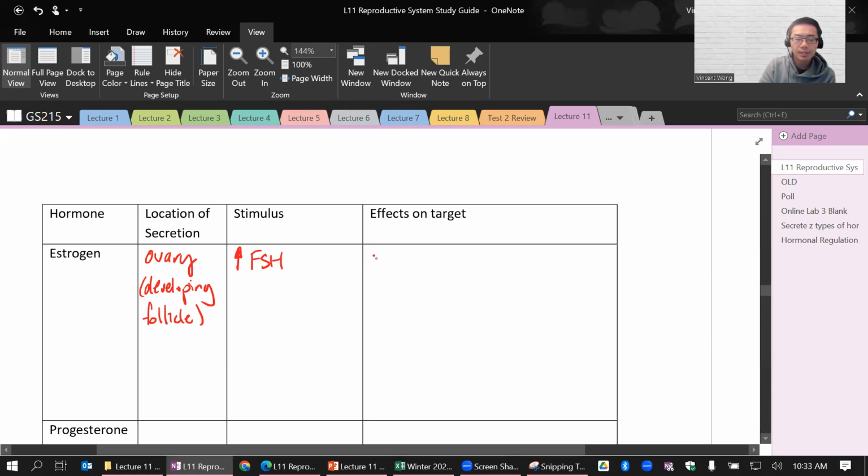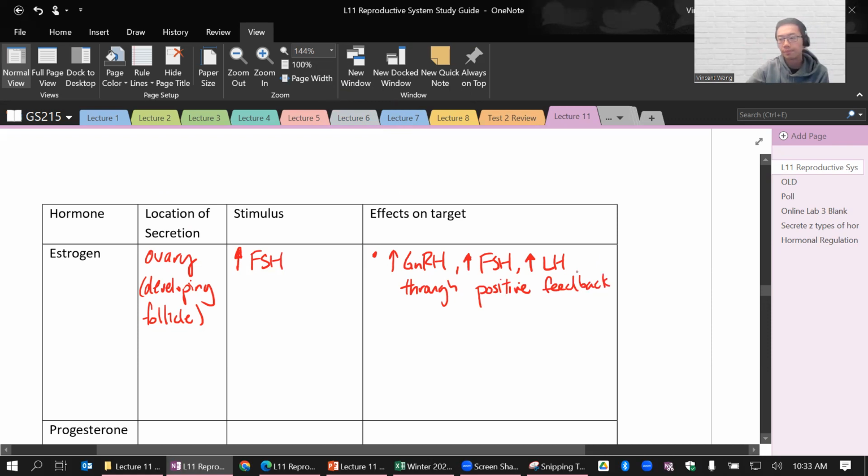And the effects, there are two effects. Increase GnRH, increase FSH, and increase LH through positive feedback, right? And we are going to have thickening, it thickens the endometrium.